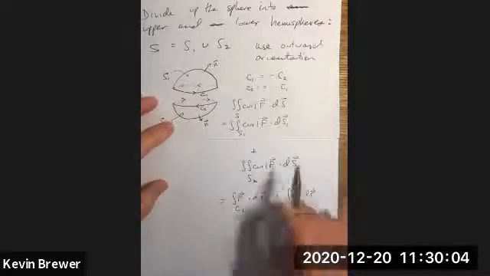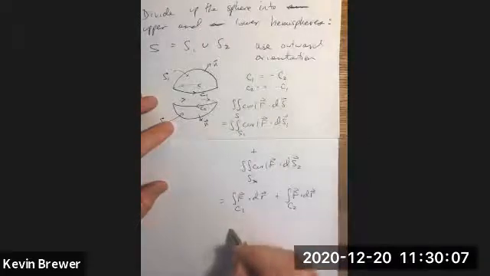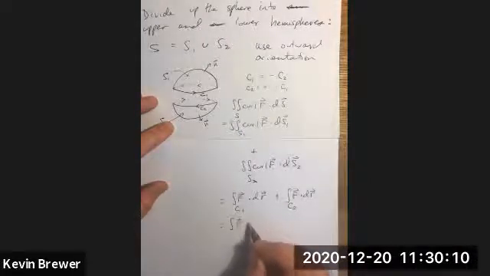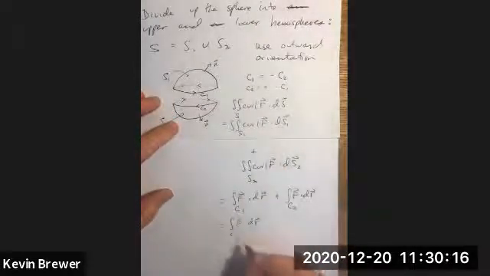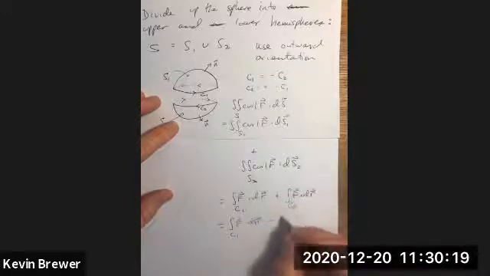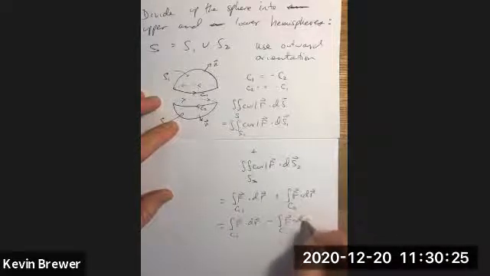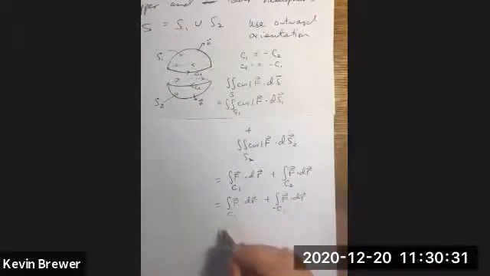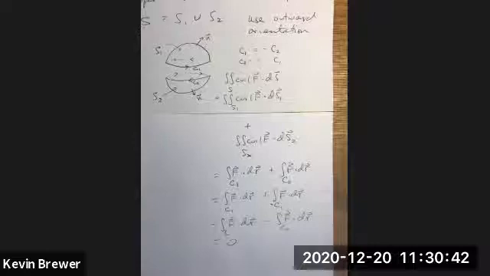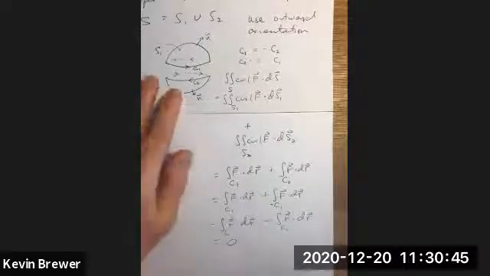But since C2 is minus C1, and these are work integrals, the tangent vectors are reversed. So this is just minus the integral along C1 of F dot dr. Really it's plus the integral along minus C1 of F dot dr, which is minus the integral along C1 of F dot dr, which cancels, giving 0.